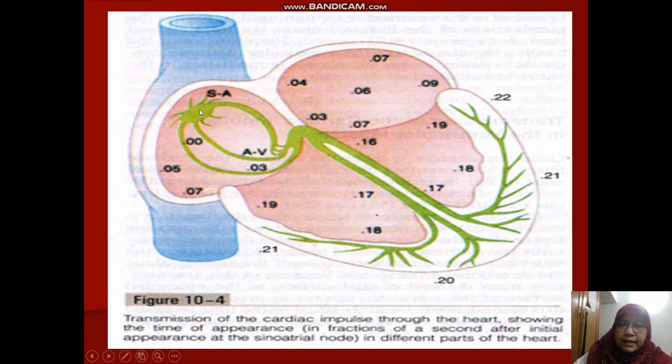But this excitation also goes to the ventricles, but it requires some time. So it is shown that the time required is about 0.17 second, or totally it is 0.19 second. So ventricular systole occurs after the end of atrial systole. Atrial systole occurs first.